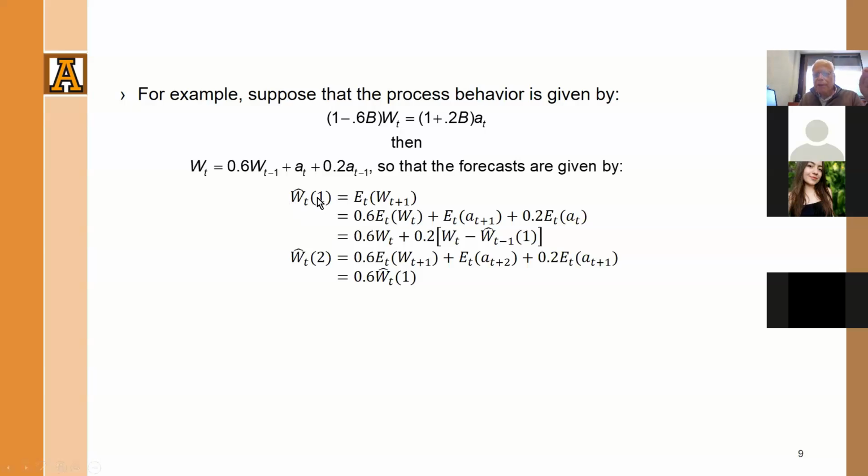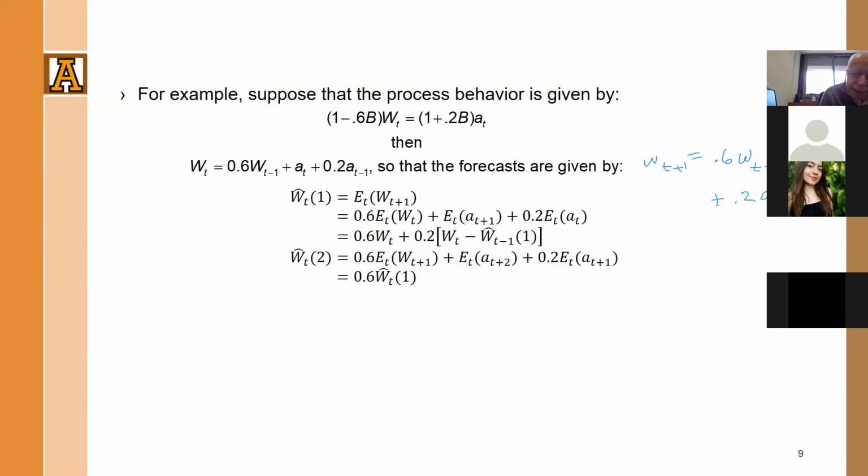The forecast one period ahead is going to be the conditional expectation of WT plus 1. All I'm using here is just algebra, okay? WT plus 1 is equal to 0.6 WT plus AT plus 1, then plus 0.2 AT.